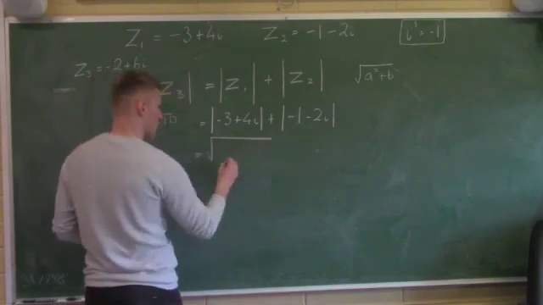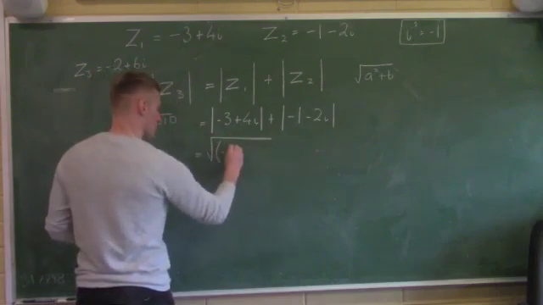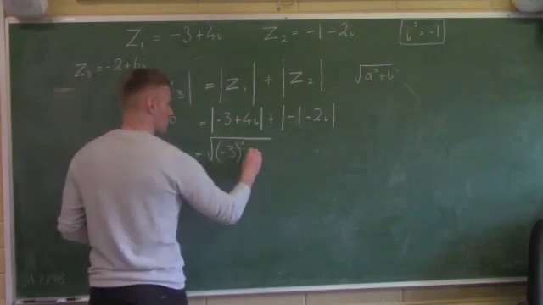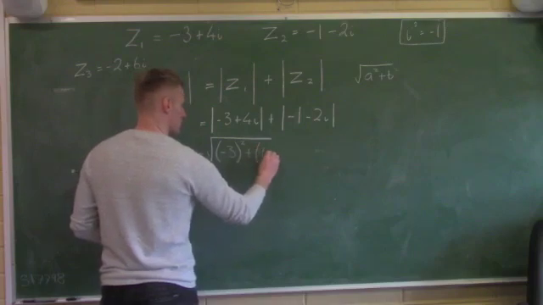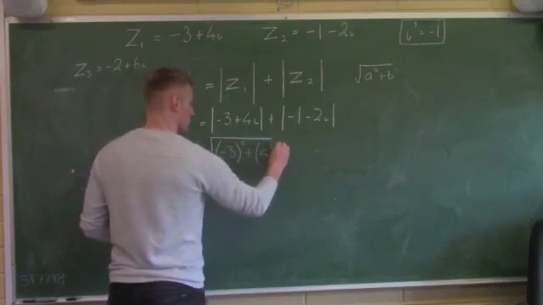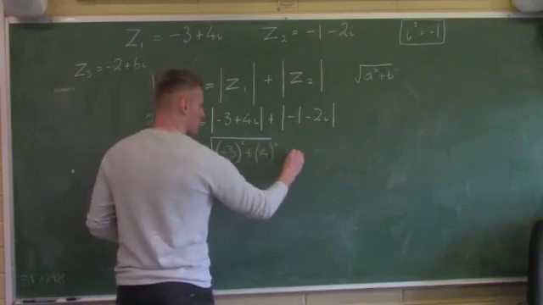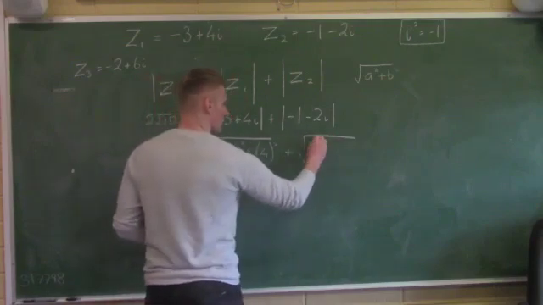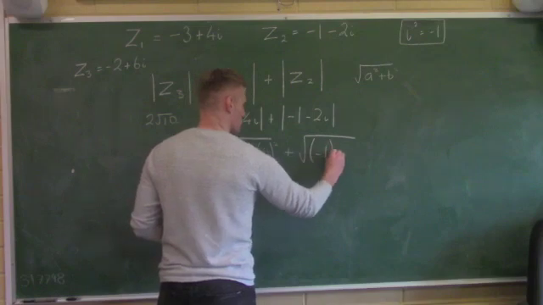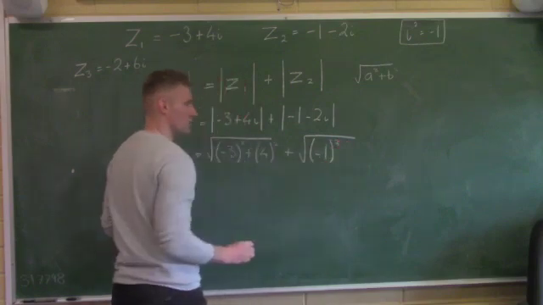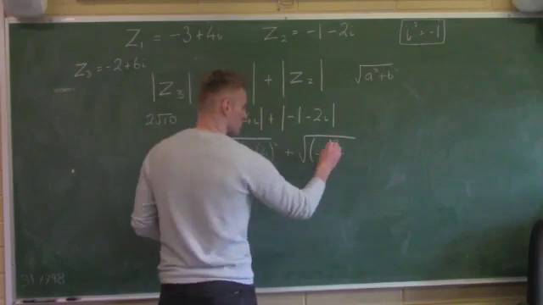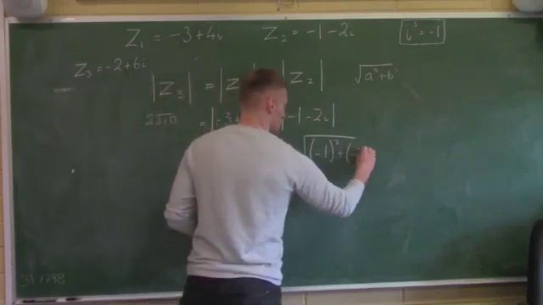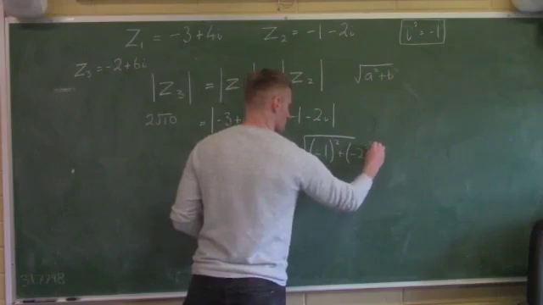So it's the square root of minus 3 squared plus 4 squared. Over here, again, the square root of minus 1 squared plus, still positive, brackets minus 2 squared.